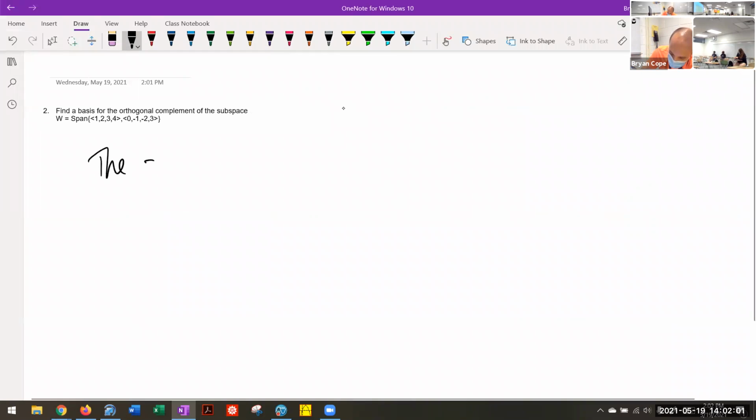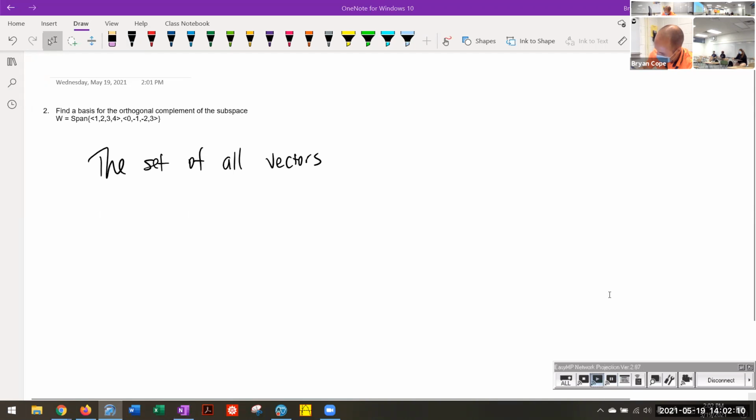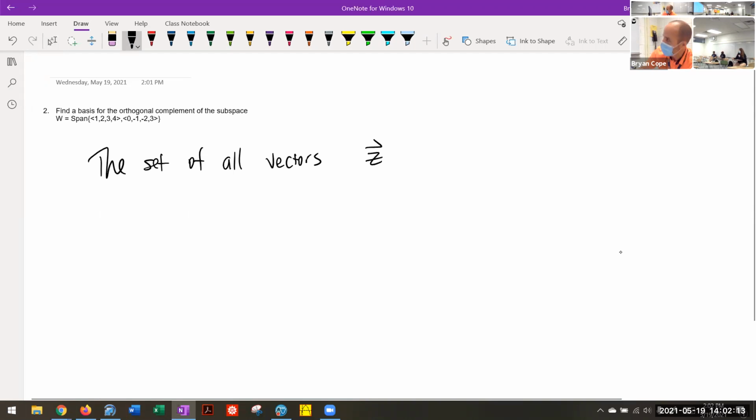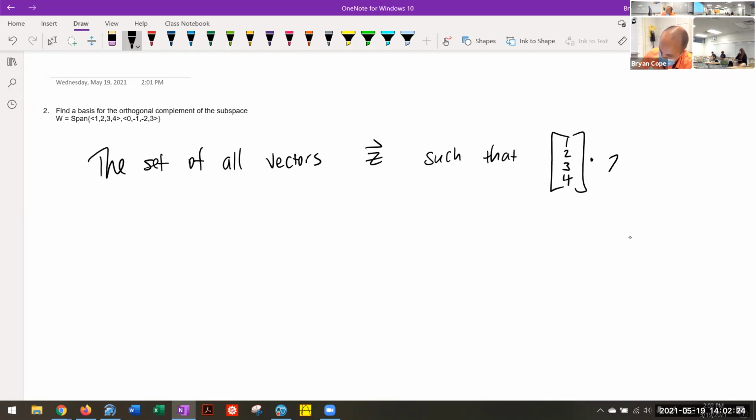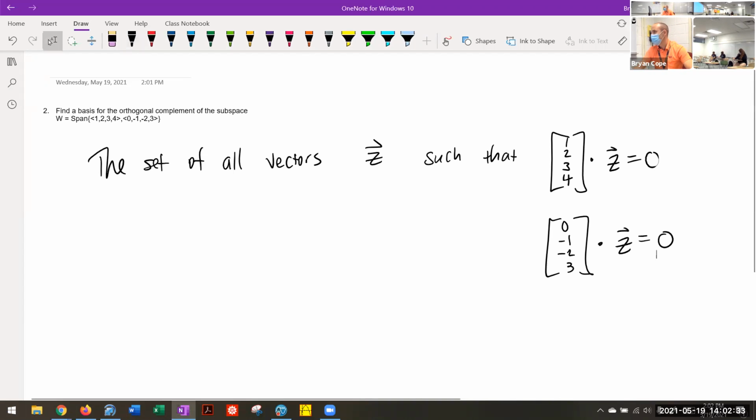It is the set of all vectors z such that the two vectors that I gave you, 1, 2, 3, 4, dotted with z equals 0, and 0, -1, -2, 3, dotted with z must equal 0. These two things must be true. Okay?